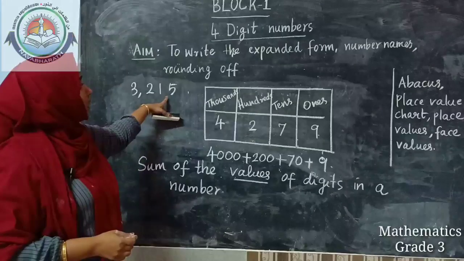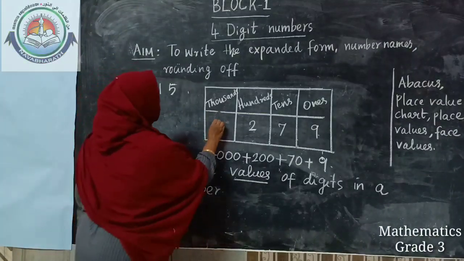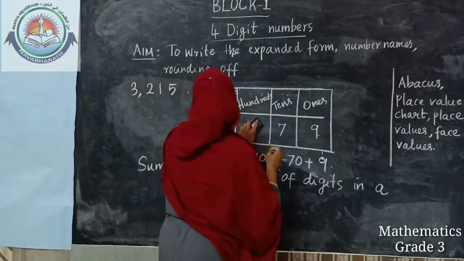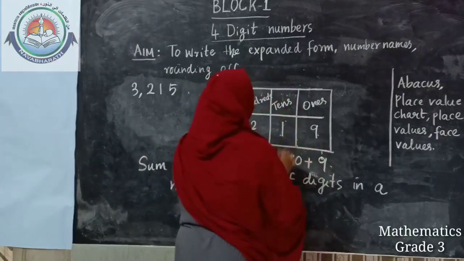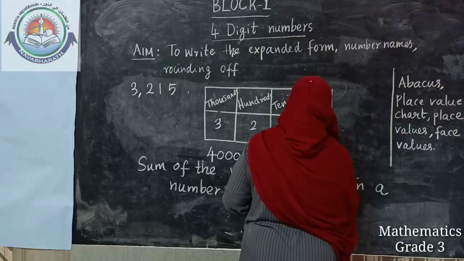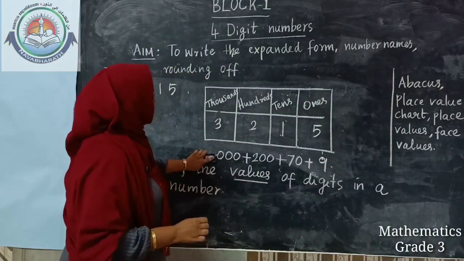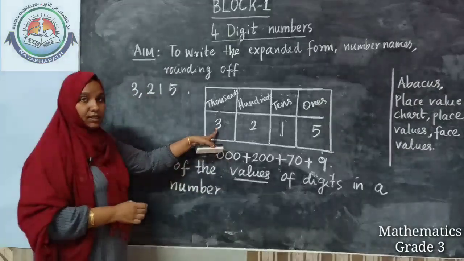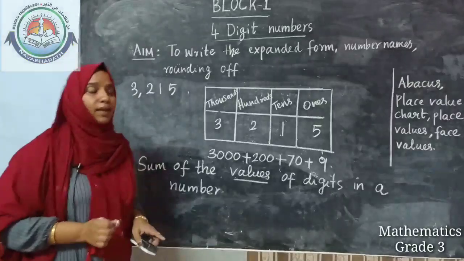3, 2, 1 and 5. Here it is 3. Here in the hundreds place it is 2. And in the tens place it is 1. And in the ones place it is 5. How to write the expanded form, children? Here it is 3, so the value is 3000.